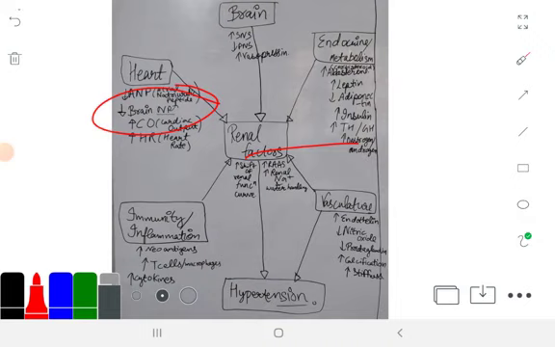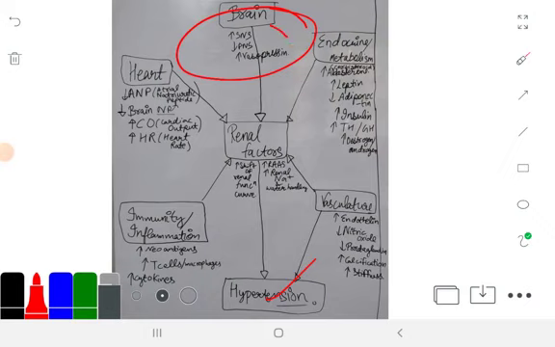An increase in cardiac output or an increase in heart rate causes hypertension. And in the brain, if the sympathetic nervous system increases activity, this will cause renal factors to develop and ultimately lead to hypertension.